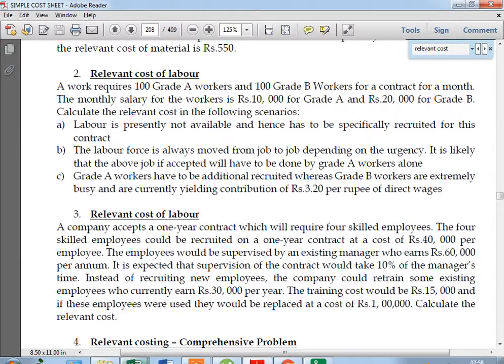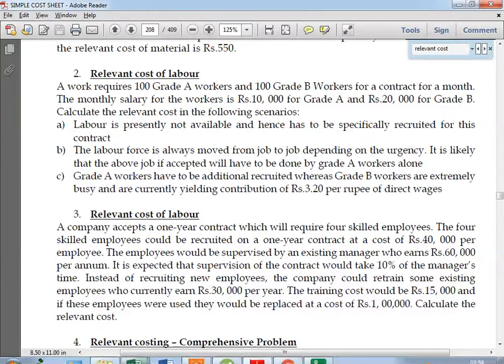Full stop. Labor as such is an irrelevant cost, as the same would be incurred by the company irrespective of any decision.